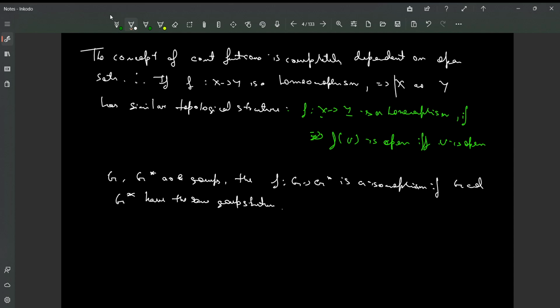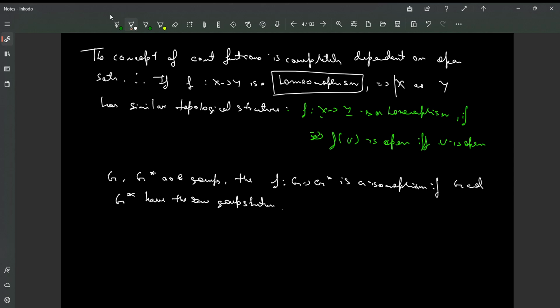Similarly, in case of rings, they have the same ring structure. In case of fields, the same field structure. In case of vector spaces, the same vector space structure. In this case, they have the same topological structure. So a homeomorphism is exactly similar to what isomorphisms are in case of algebras.